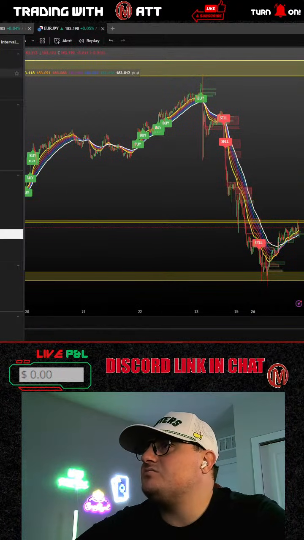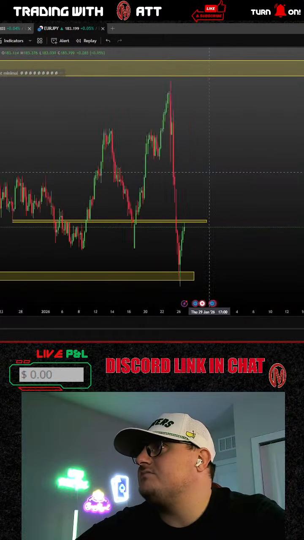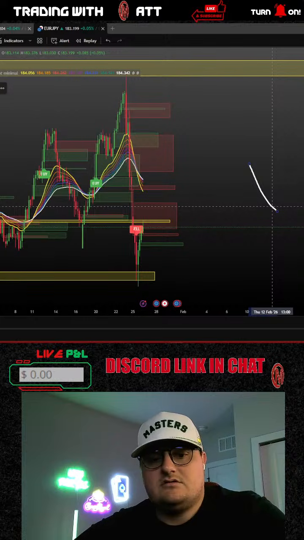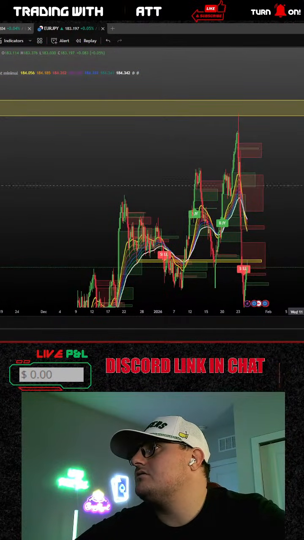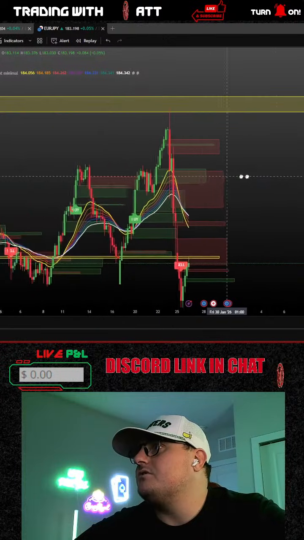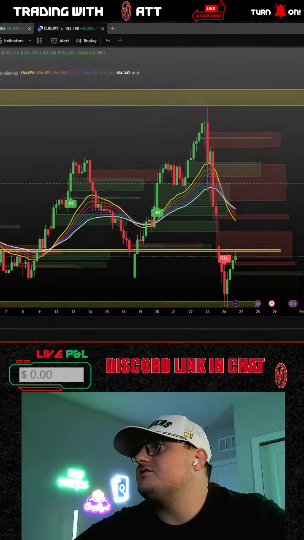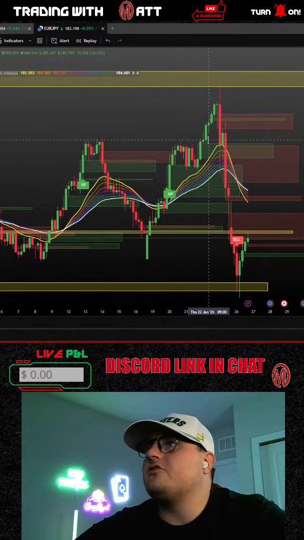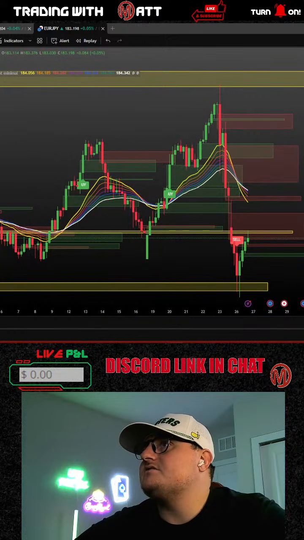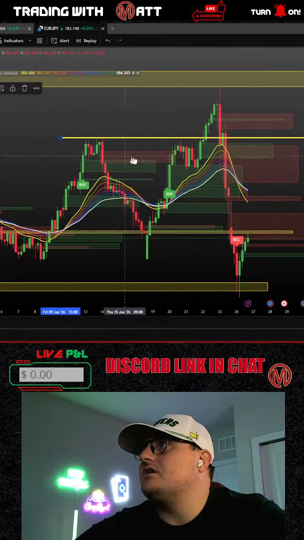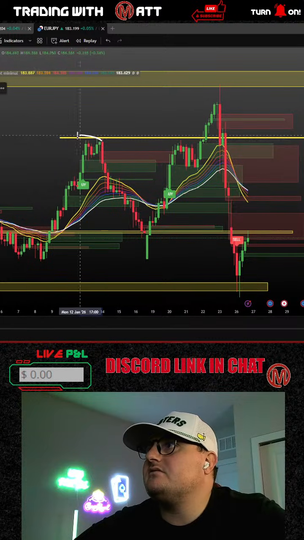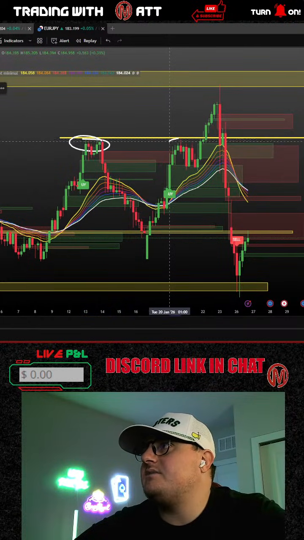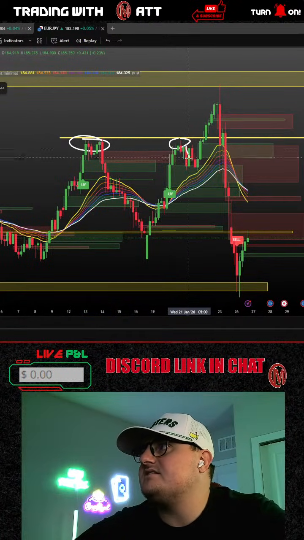Yeah, so last week on Euro JPY, before it broke this right here, this was our very strong resistance. So it double topped there, and then it came back to here, and we took sells down to here.